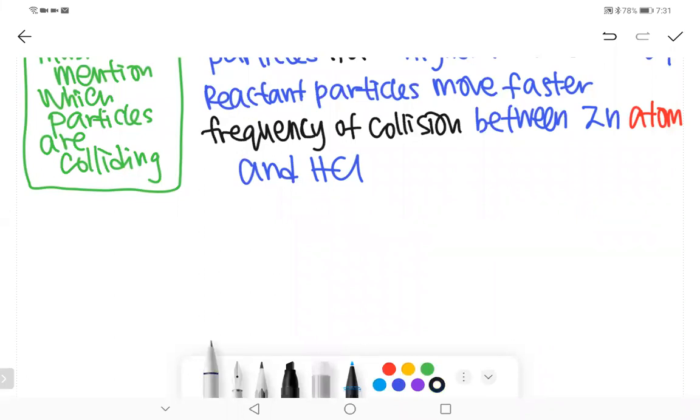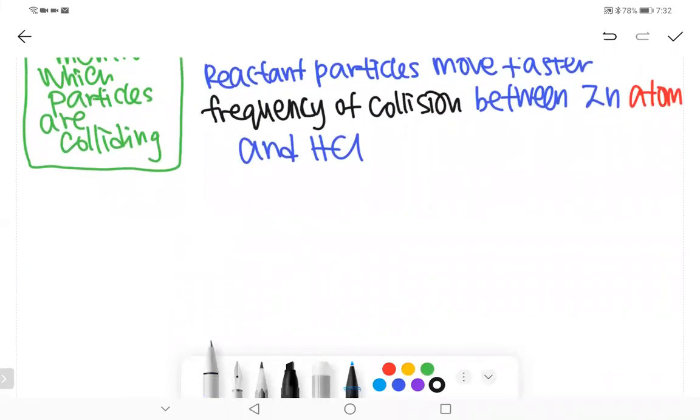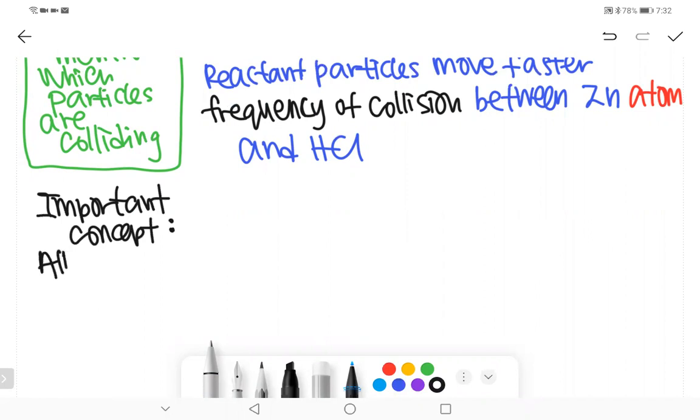Another one is the hydrochloric acid. This is something we learned in the previous chapter, the chapter on acids. It is an important concept. All acids have a very important thing called H plus ion.